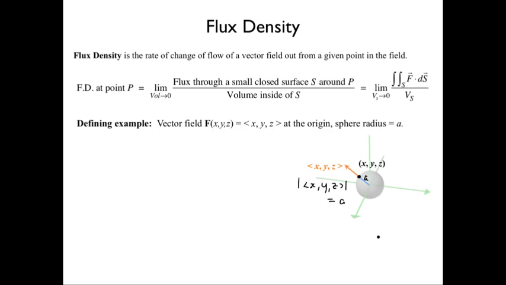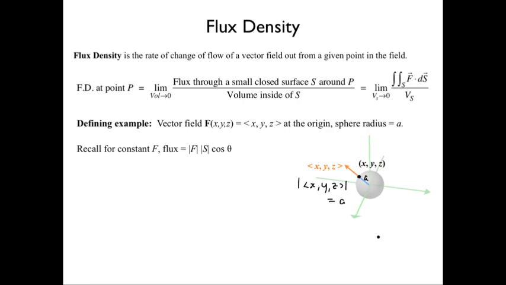Okay, so we want to find the flux. And because on the surface of the sphere that vector field is constant, all those vectors have magnitude A, we don't have to do a double integral. Remember, we just said it was the magnitude of the constant vector times the area, and then adjusted for offset from normal, right?